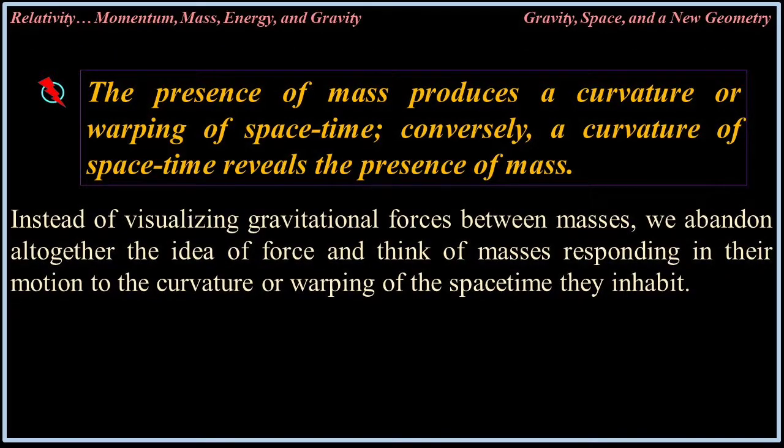The presence of mass produces a curvature or warping of space-time. Conversely, a curvature of space-time reveals the presence of mass. Instead of visualizing gravitational force between masses, we abandon altogether the idea of force and think of masses responding in their motion to the curvature or warping of the space-time they inhabit.